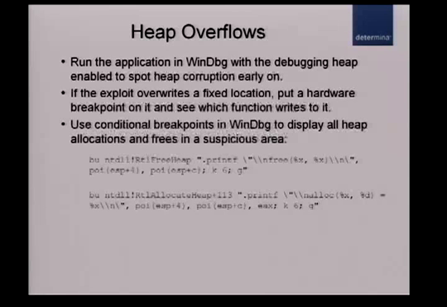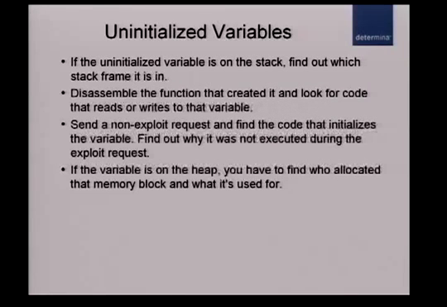And same with the free function. If you have an uninitialized variable problem, you have to find out what this uninitialized variable was supposed to be used for and who was supposed to initialize it.